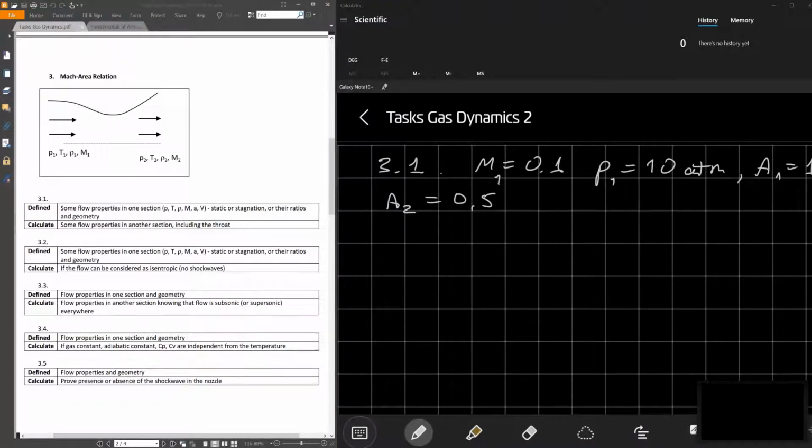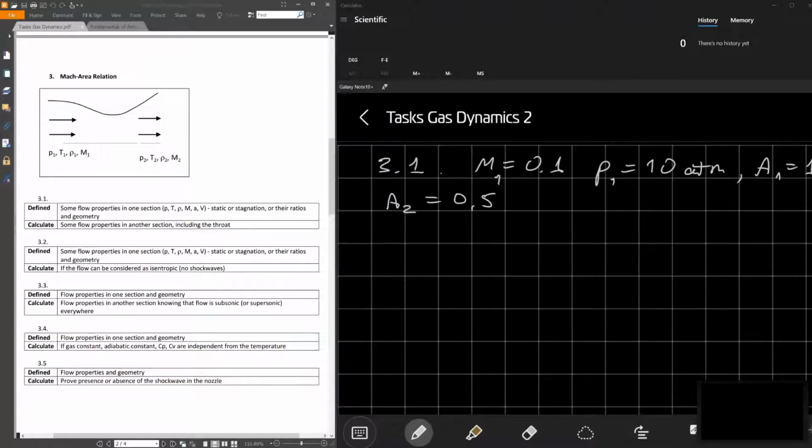The most important is to understand the area ratio. So the area is 2 times smaller than the initial area. This can happen in the subsonic section and can happen also in the supersonic section. So basically we will receive two routes. One route will correspond to subsonic flow, and the second route will correspond to the supersonic flow.